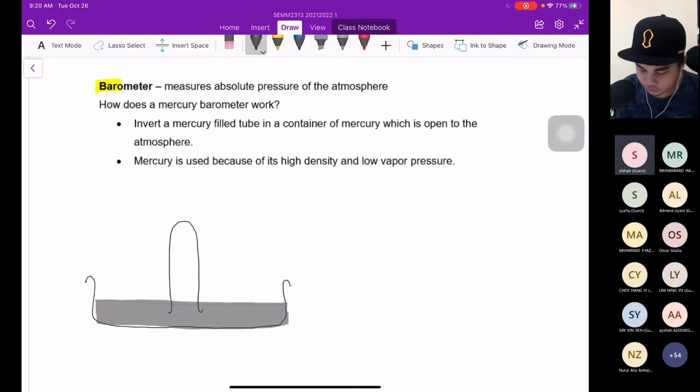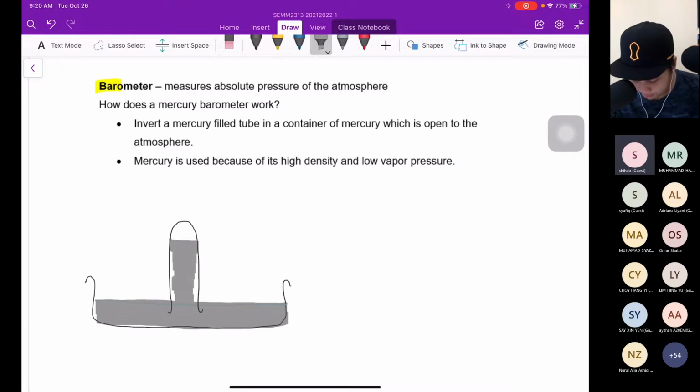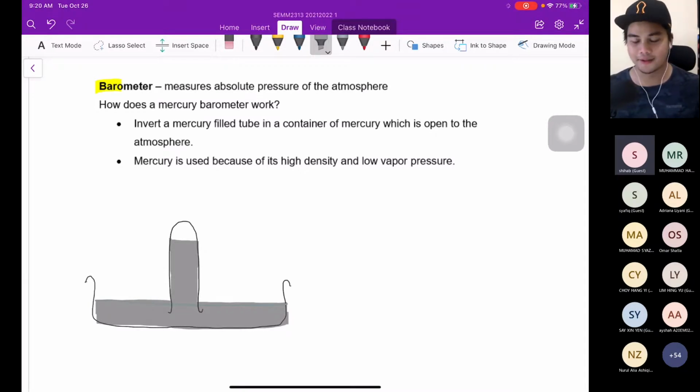So this part is filled with mercury. I hope you can see. So this is how the process works.